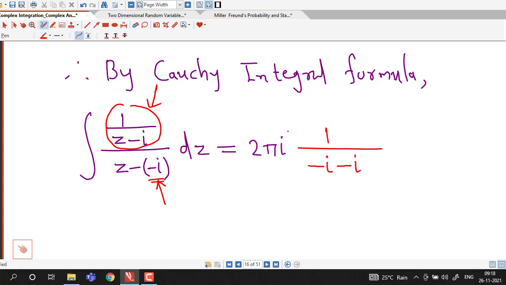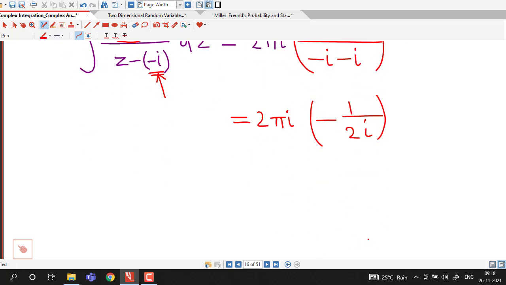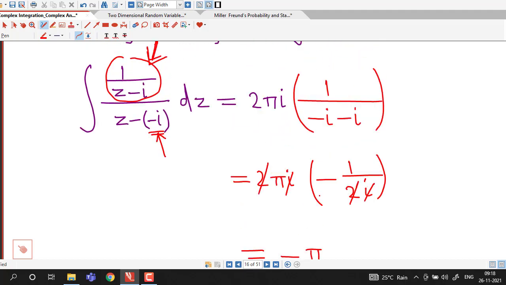Now I can simplify. Here I can write minus 1 over 2i, and the i will cancel out, the 2i will also cancel out, and finally we obtain minus pi.